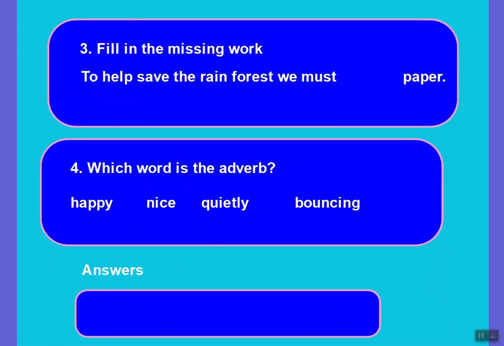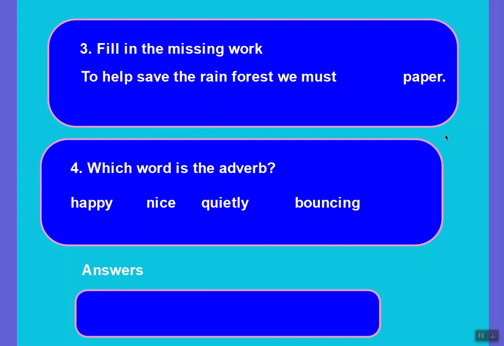Okay, moving on to question 3. This is a missing word, so you're just going to write the missing word that fits best into this sentence. I will read the sentence for you. So question 3. To help save the rainforest, we must paper. So what word goes best in here? I'll read it again. To help save the rainforest, we must what? Paper.